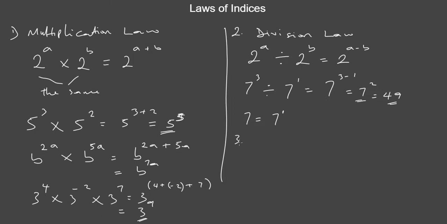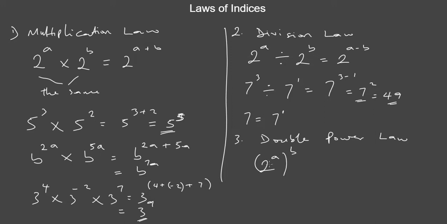The third law states as follows. In this case, if you have a double power, we call this the double power law. So what this states is this: if I have a number like 2 raised to the power of a, then everything raised to the power of b, so here you've got double power.